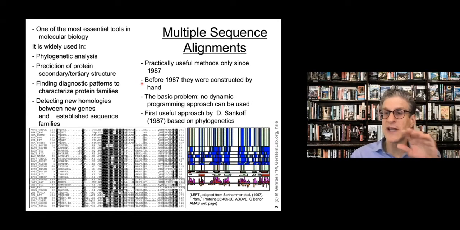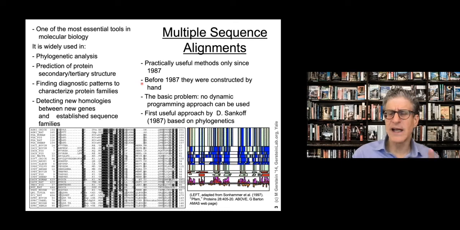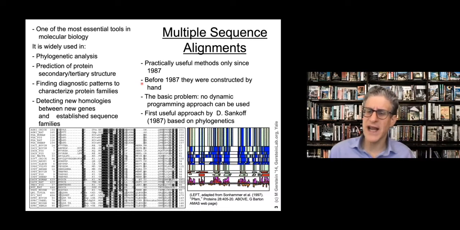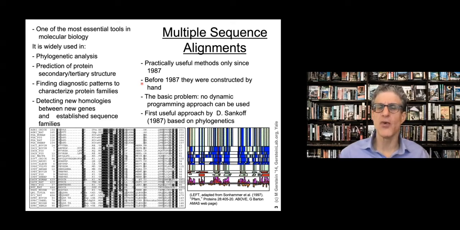Now, of course, as opposed to that matrix we looked at, we would have a cube, right? And then obviously if we try to do four sequences, we have a hypercube and so forth. The problem with that, of course, as we'll talk about when we talk about how these problems scale, is that it doesn't scale very well computationally. It's way too expensive computationally to do that.